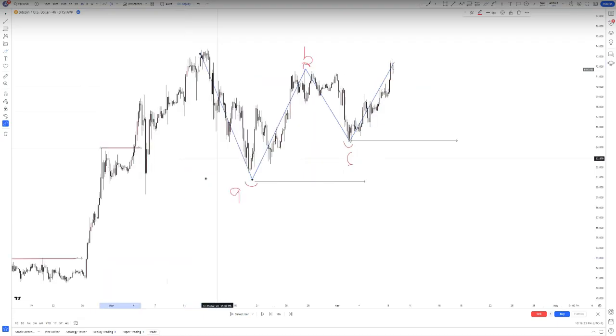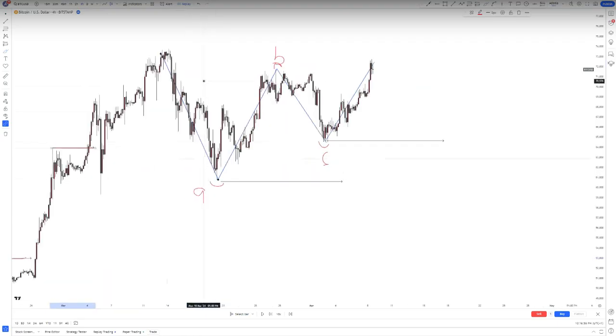So if the market structure will continue buying, what will be our expectation? Sorry, let me relabel it. This is going to be A, B, C, and D.